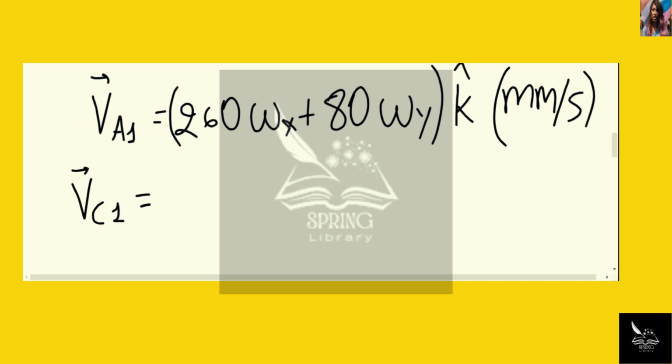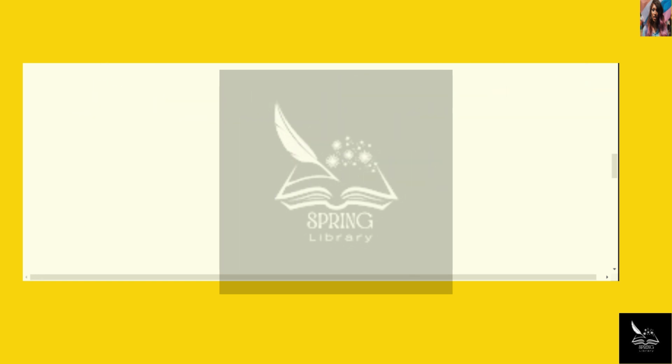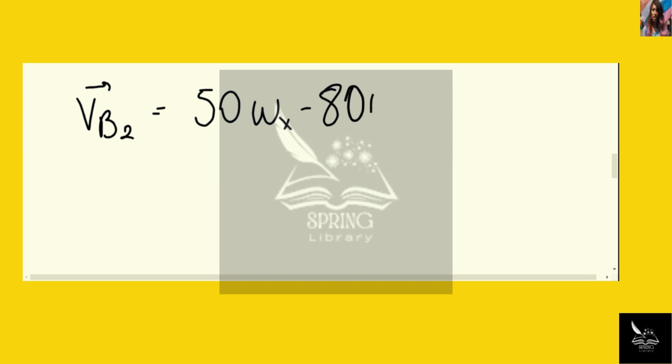Correspondingly, the linear velocity for point 1 at the rim of gear C is this one, and also the linear velocity of point 2 at the rim of gear B is this one.